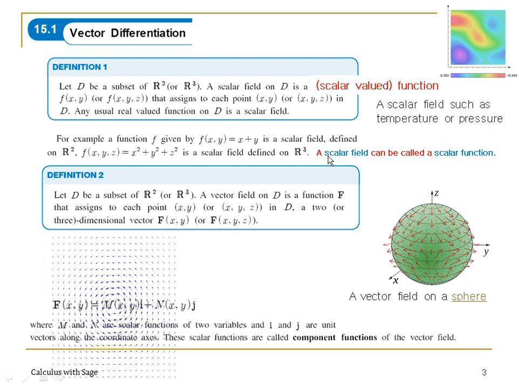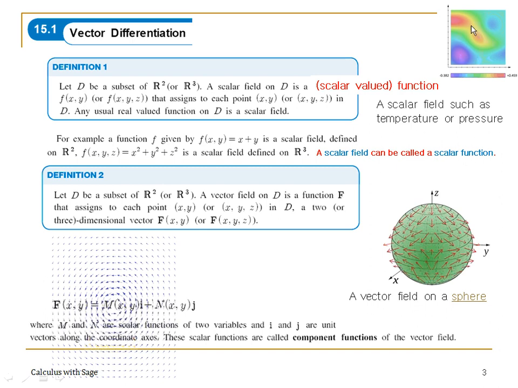This can be called a scalar function as well. We start from a vector in the domain in R2 or R3, but the output is a scalar, so we call it a scalar field or a scalar function.